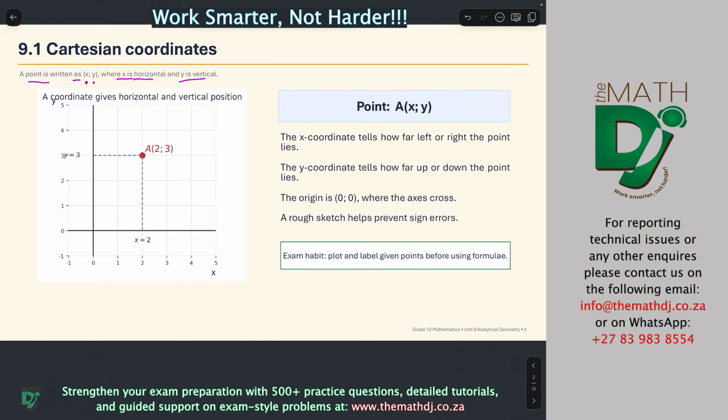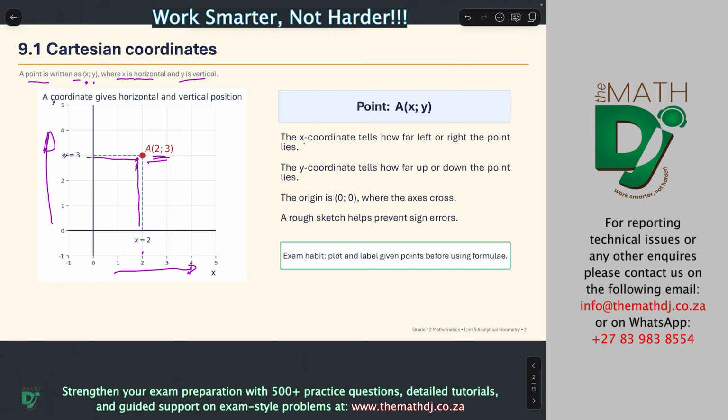For example, point A (2, 3): we go to x, where x is 2, then we go up, where y is 3. The point where they meet is the coordinate of A. This you've already done, so I'm just going to rush through it because it's basic knowledge.